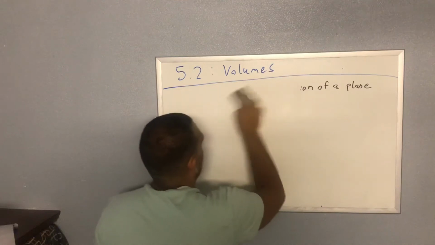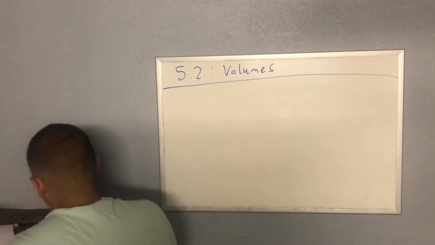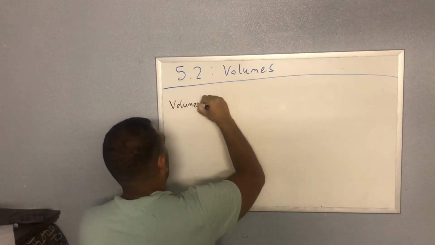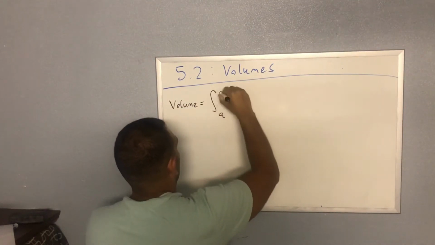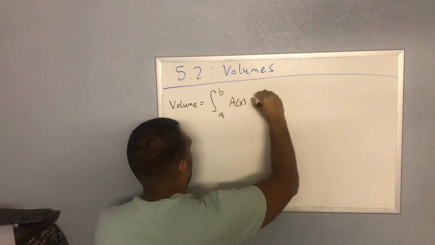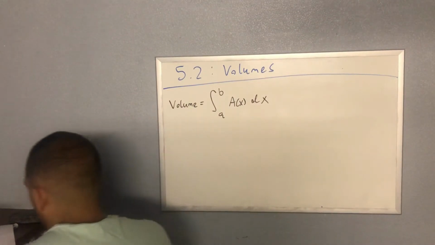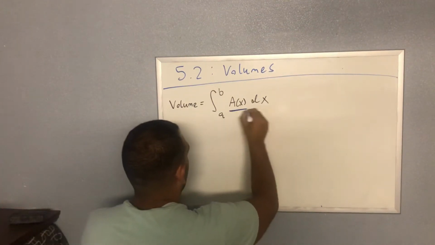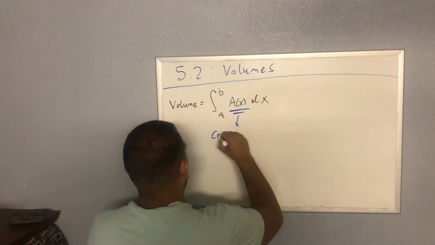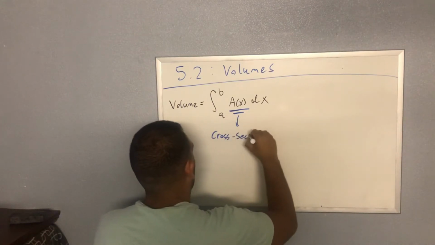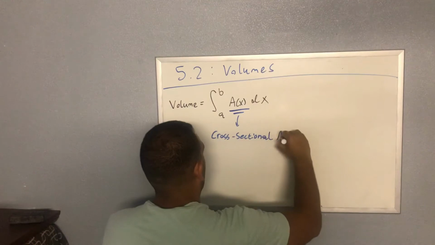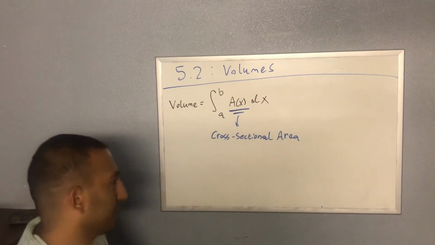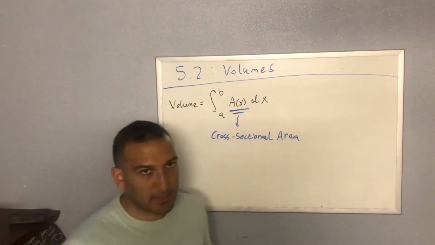And remember that this is the way that we define the volume of an object. The volume was this guy here, where this was the cross-sectional area. And as you might guess, that literally just means the area of the cross-section.